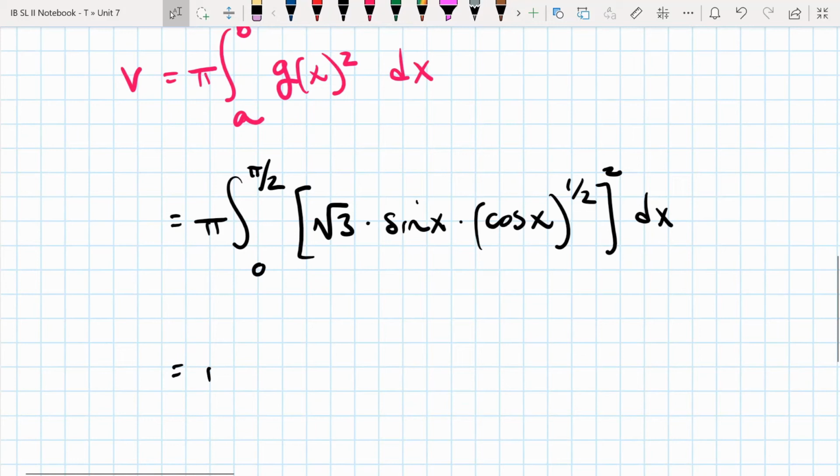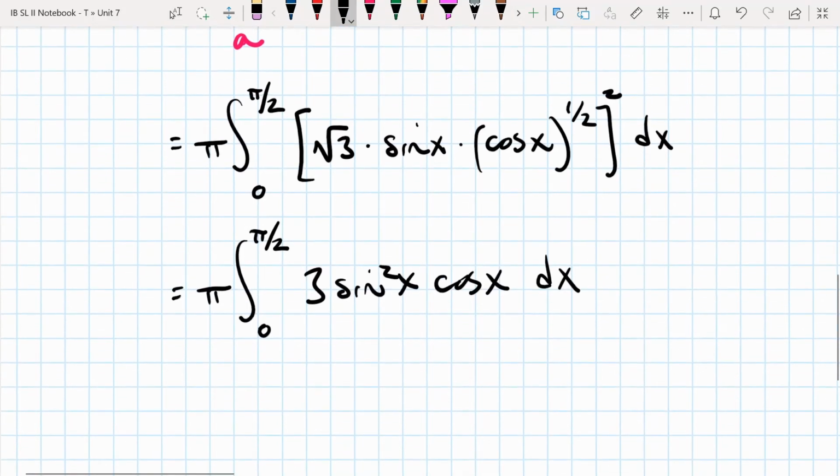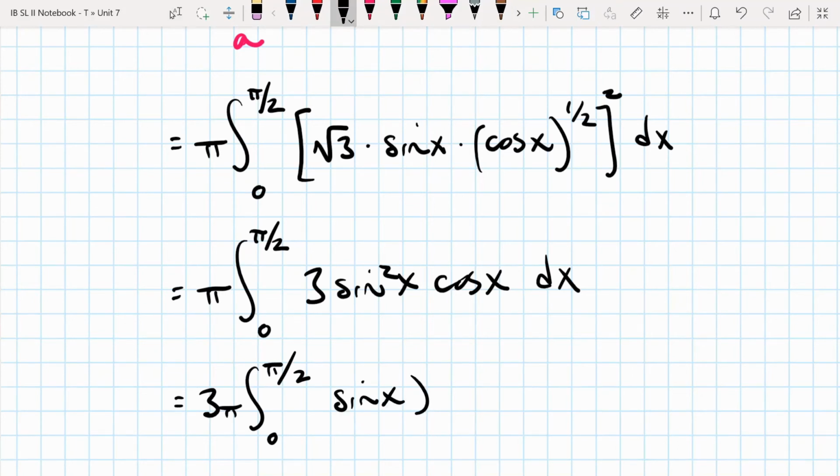So this is the same thing as pi integral from 0 to pi over 2 of 3 sine squared x, and then cosine of x to the 1/2 squared is just going to be cosine of x dx. Let's factor out the 3 just to simplify this, and let's write it like this.